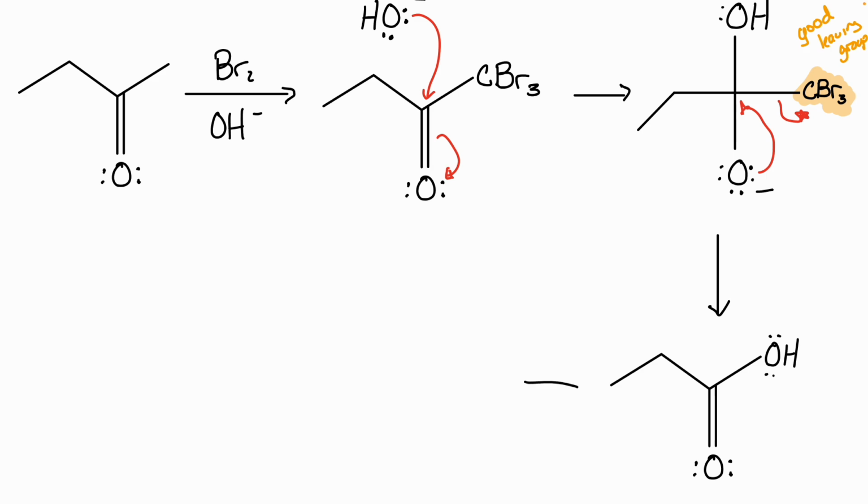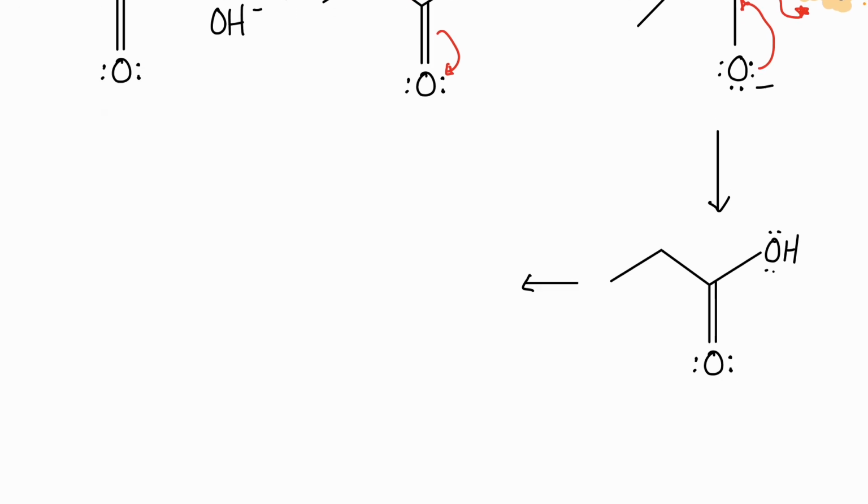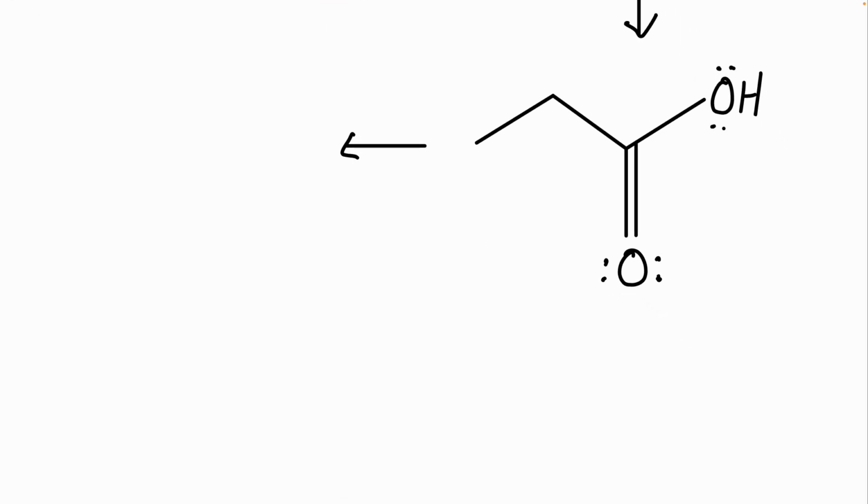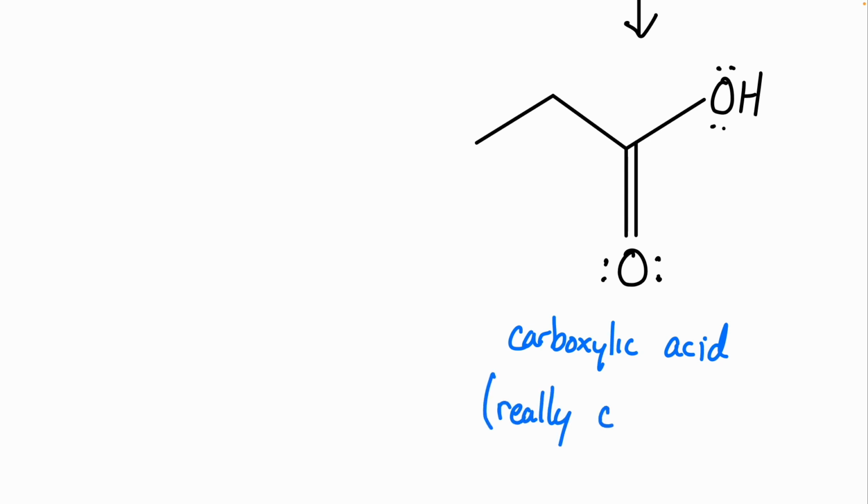All right, or really, since I'm under basic conditions, I should probably show that it would not be its carboxylic acid form, but a carboxylate. We're just going to note, really, that carboxylate ion.